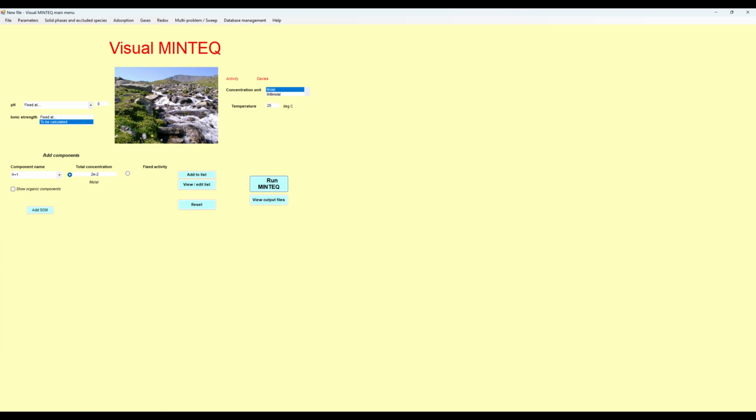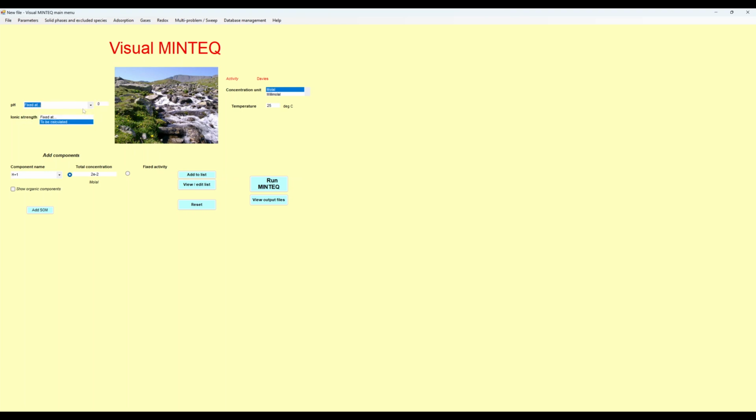Or we can have a fixed value either for pH or the activity of one of the species, and then ask the software what should be the condition to get to that fixed value of that parameter that we define. For example, what should be the concentration of carbonic acid if we want a solution with a pH of, let's say, 5. So that sort of information.